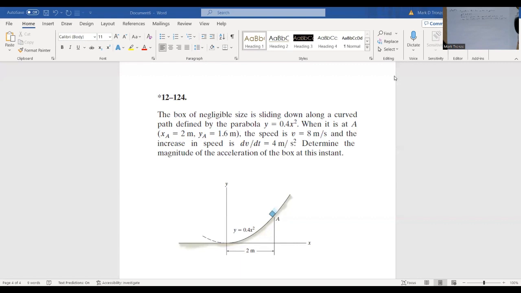The speed is 8 meters per second, and the increase in speed is dv/dt equals 4 meters per second squared. Determine the magnitude of the acceleration of the box at this instant.